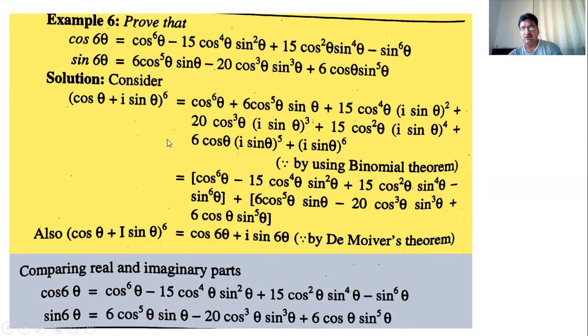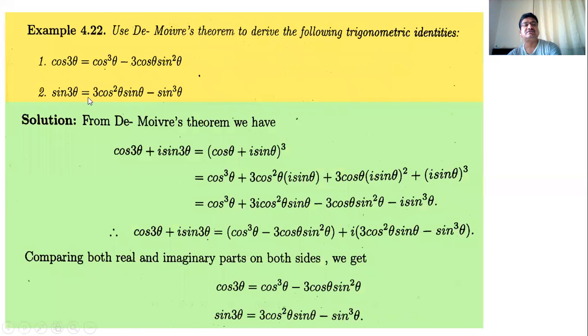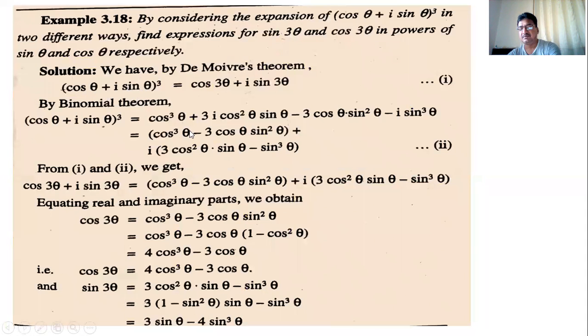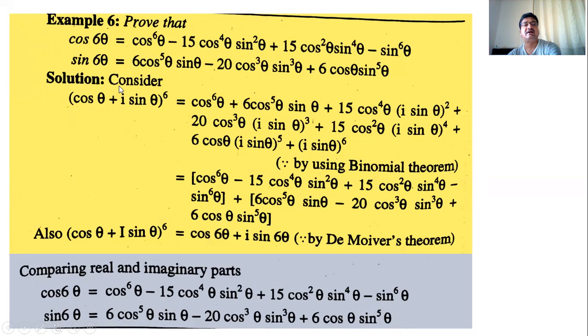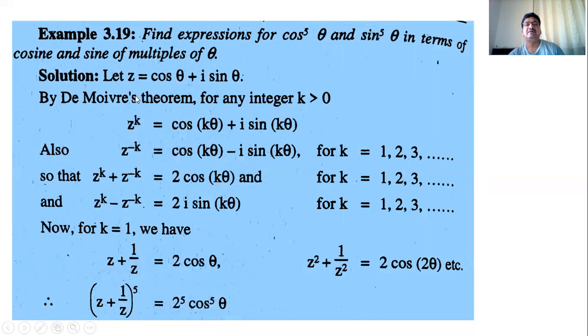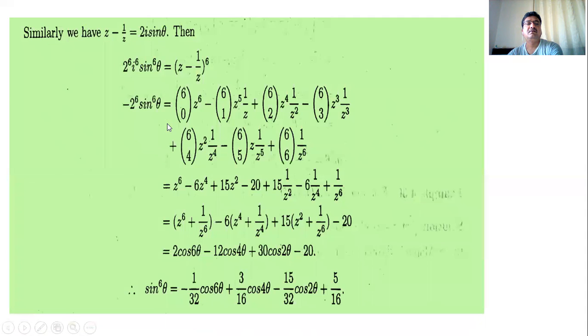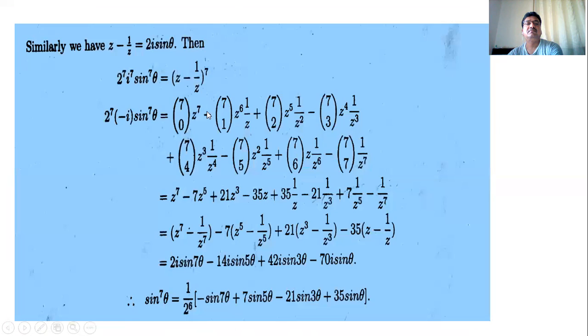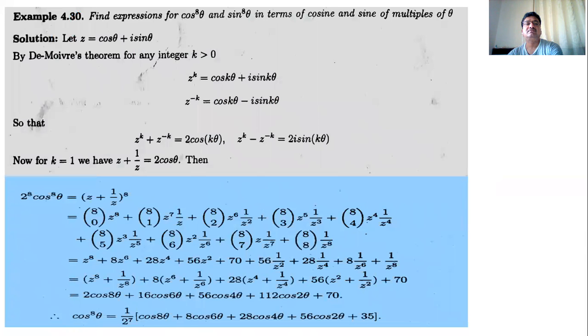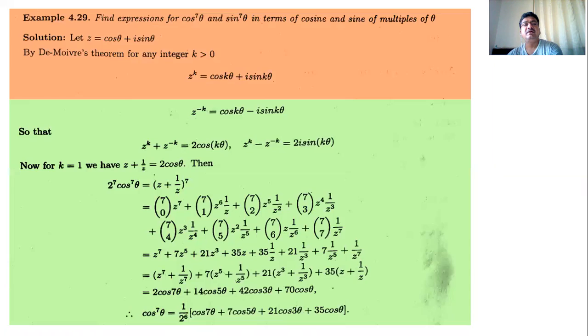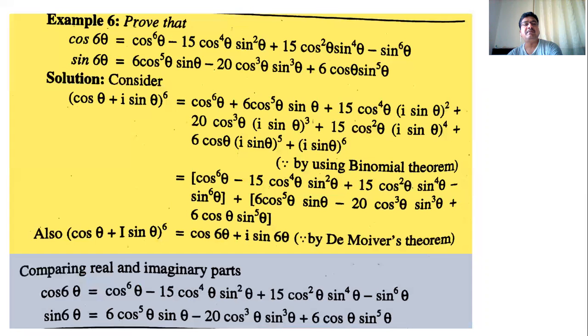So all these problems, the expansion of cos 3 theta, sine 3 theta, and the expansion of cos 6 theta and sine 6 theta, the methods are set. These are some different problems. If there is a problem of expansion of cos 5 theta and sine 5 theta, then find the expansion of (cos theta plus i sine theta) raised to 5 in two different ways.